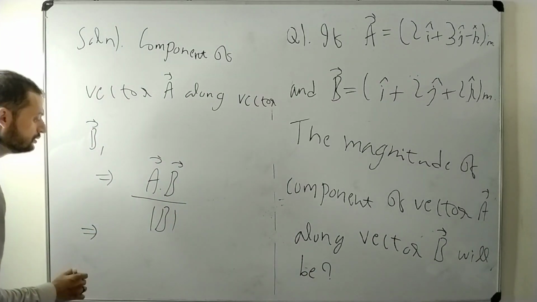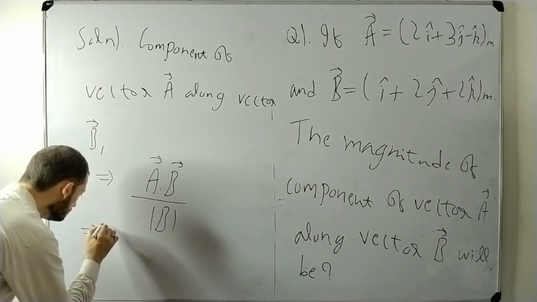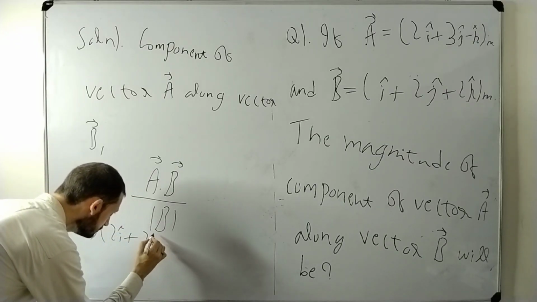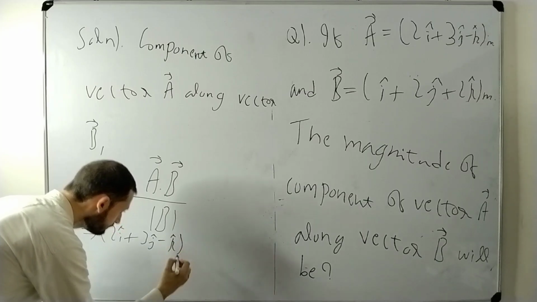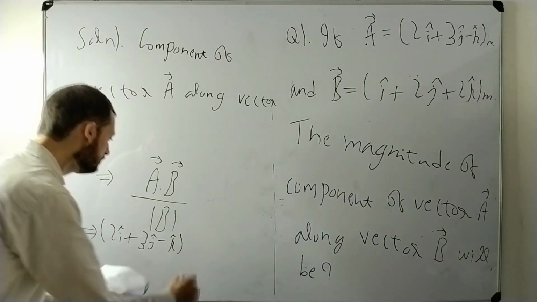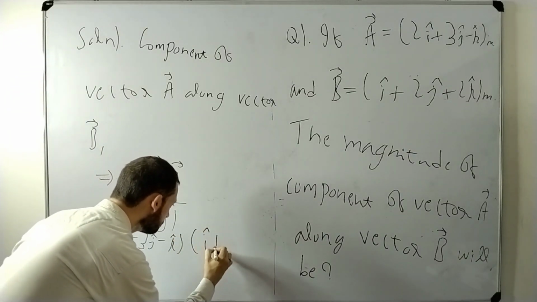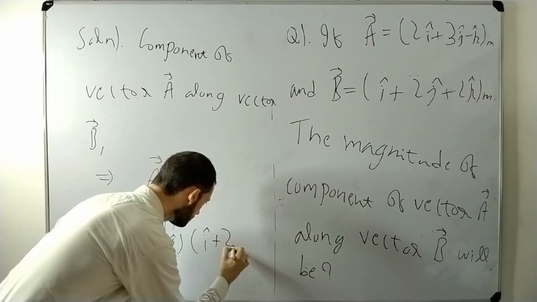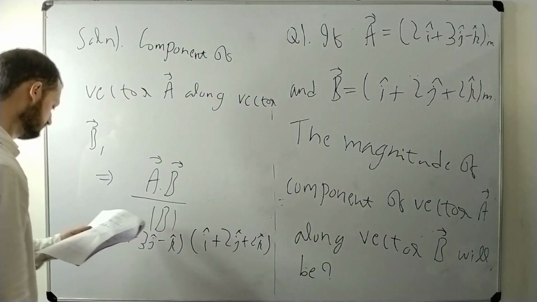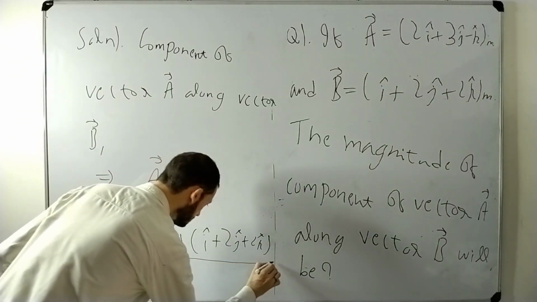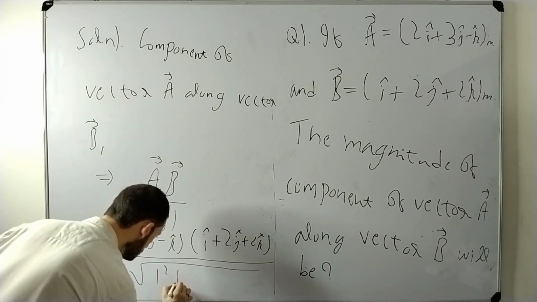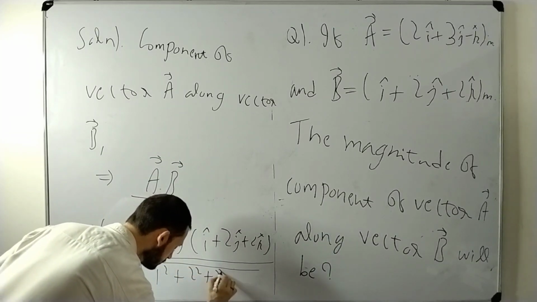So the thing is, A is what? 2i cap plus 3j cap minus k cap, and this is B vector, with modulus, and this I would write as 1 square plus 2 square plus 2 square.